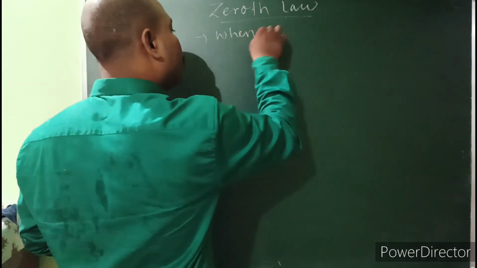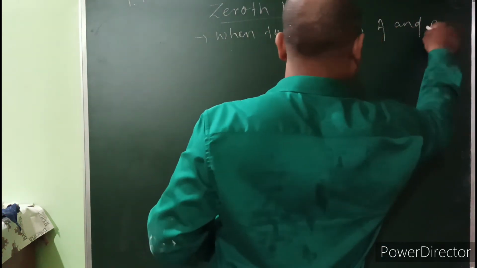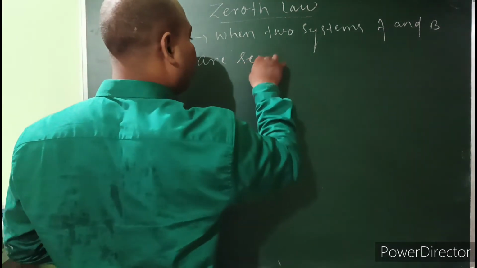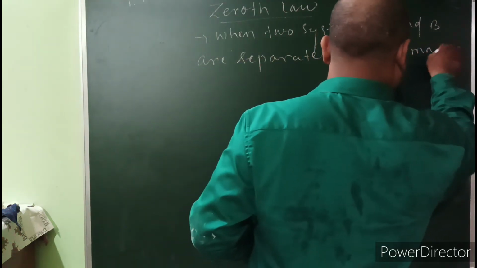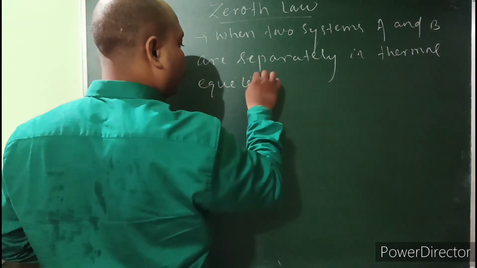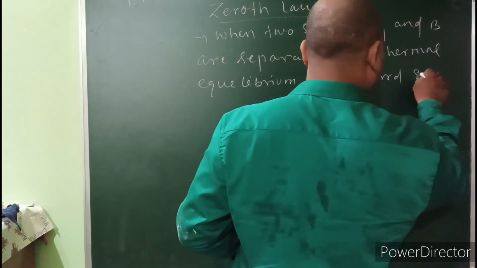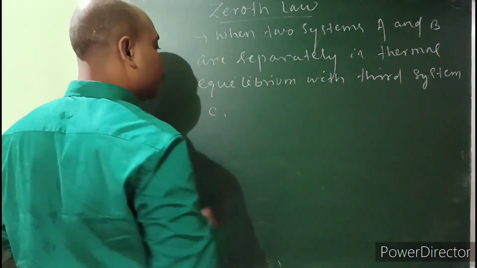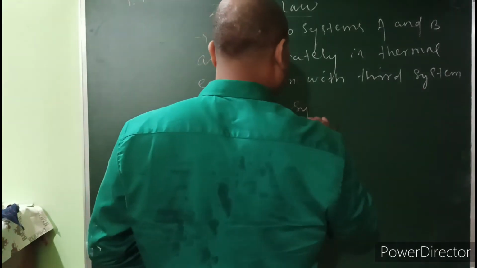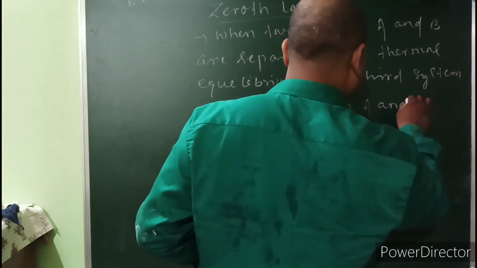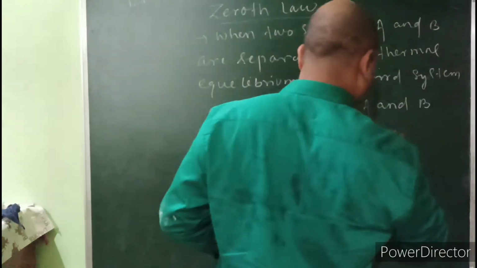When two systems A and B are separately in thermal equilibrium with a third system C, then systems A and B are in thermal equilibrium.